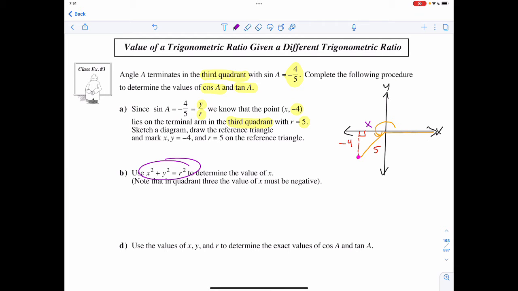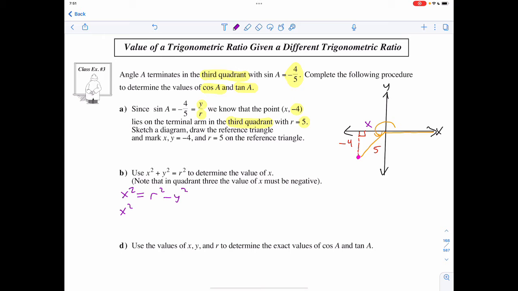I'm still going to manipulate this. But in this case, because I'm solving for x squared, I'm going to move the y squared over and say x squared is equal to r squared minus y squared. Remembering that if you get a number that is bigger than your radius, you're wrong.